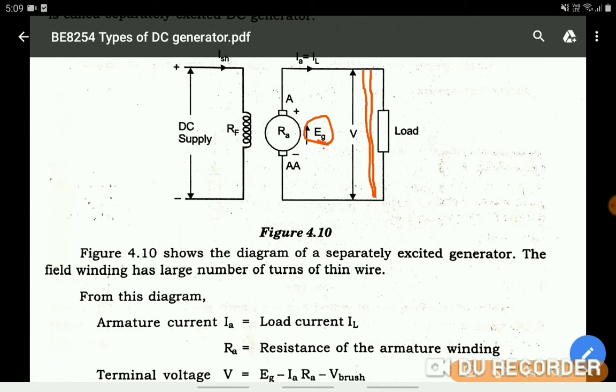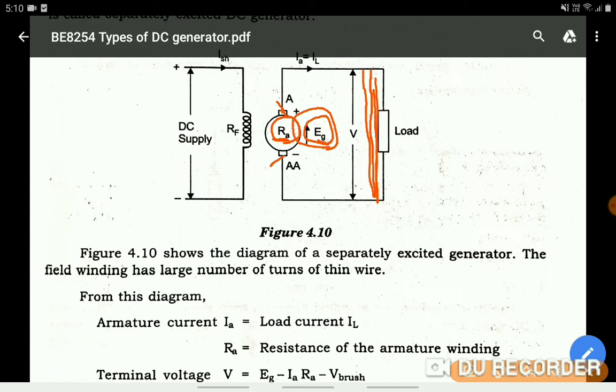Because here we consider the internal resistance of the armature, and in the brushes also there should be a very minimal voltage drop. So according to Kirchhoff's voltage law, potential rise is equal to potential drop. Which one is the potential rise? EG is the potential rise. Where are the potential drops? Potential drops are there in the armature and in the brushes, and the rest of the potential drop is in the load.